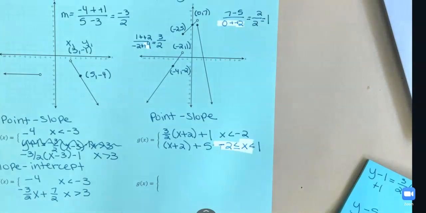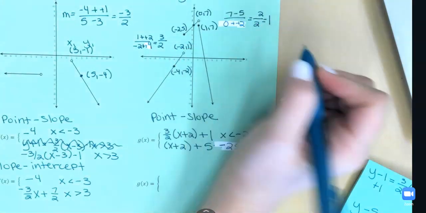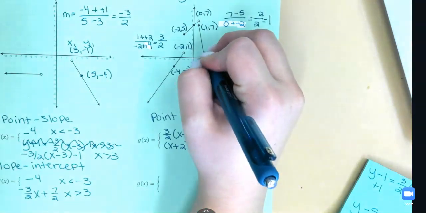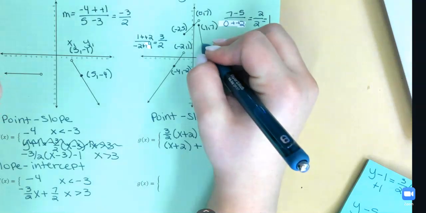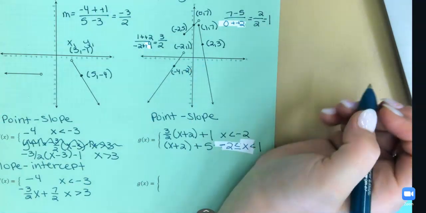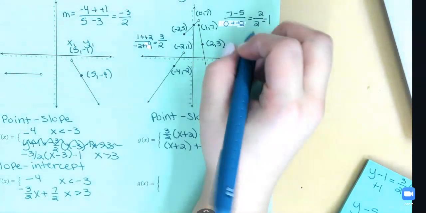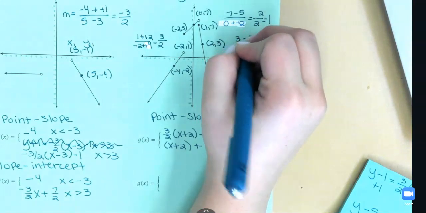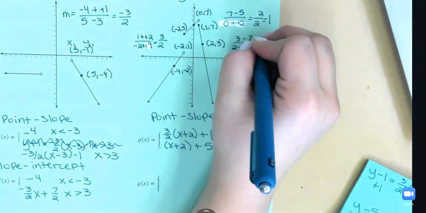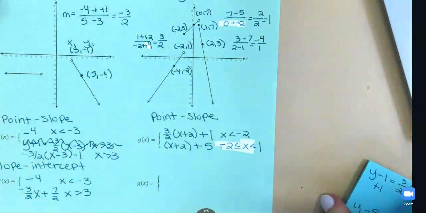Okay, the last line, I need 2 points. Here is 1 point at 1, 7, and I can see I have another point here at 2, 3. So I'm going to use my slope form, 3 minus 7 over 2 minus 1. It's going to be negative 4 over 1, or just negative 4.